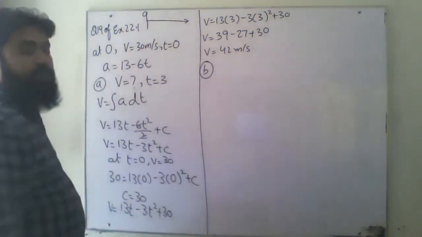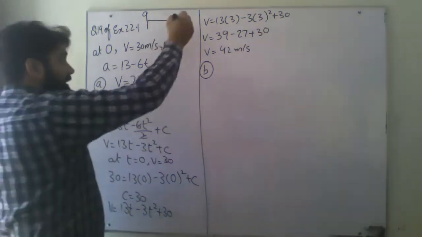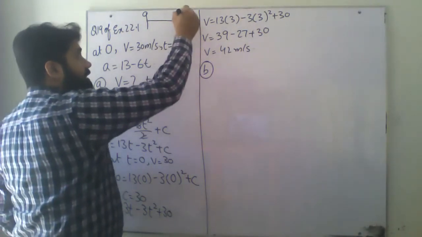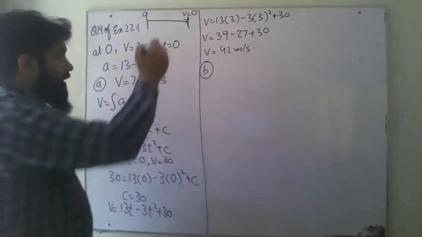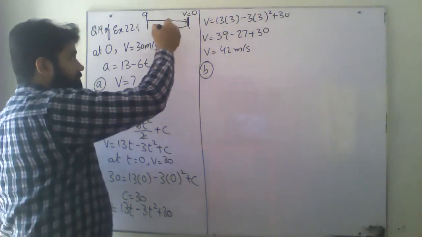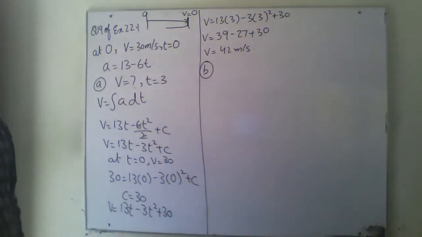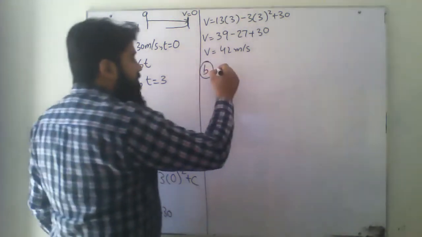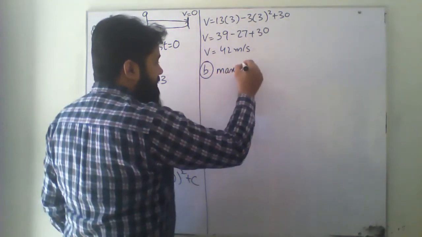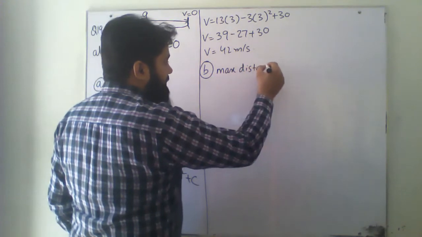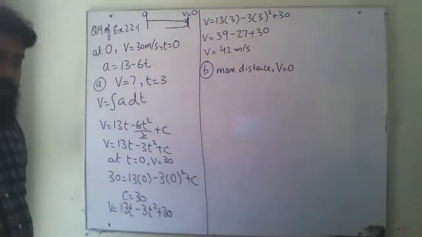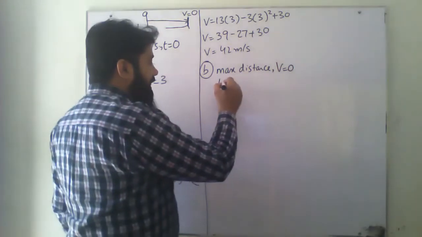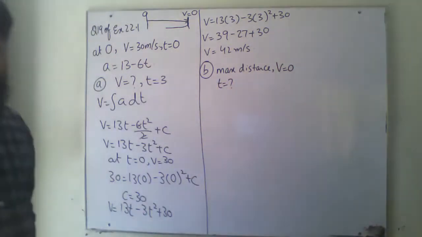Till when it is going to move in this direction, unless or until velocity reaches 0, after that body is going to take a U-turn over there. Okay, we have read this thing in the previous questions. So it means for maximum distance, velocity will be taken as 0, and I have to find what will be the time over there.